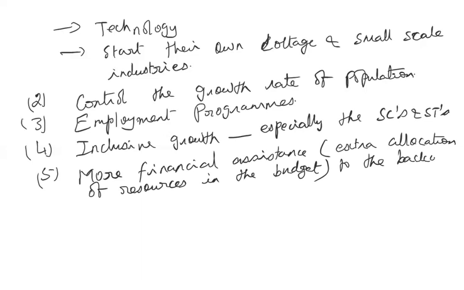Depending upon the extent and intensity of backwardness in each and every state, that particular state should be given extra financial assistance. Okay. So to the backward regions or states.